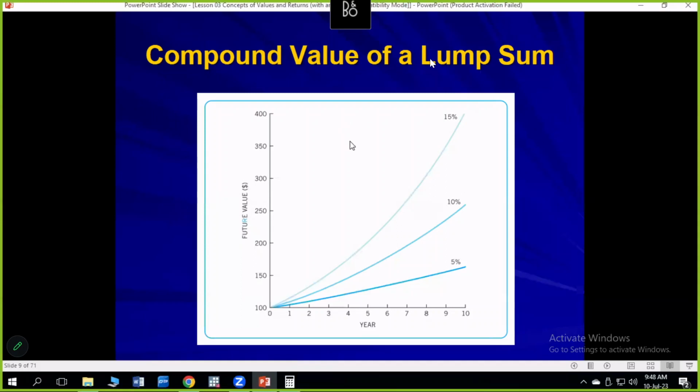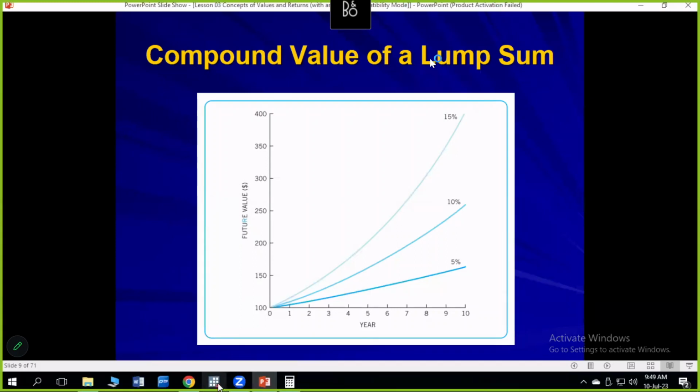As we have done in the example of 5%, when you deposit money, say 100 rupees, that is year 0 here, as the years pass, it gradually increases in value. You see that 100 rupees becomes approximately 150 rupees at the end of the 10th year.